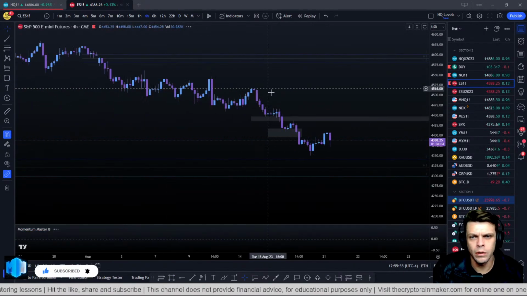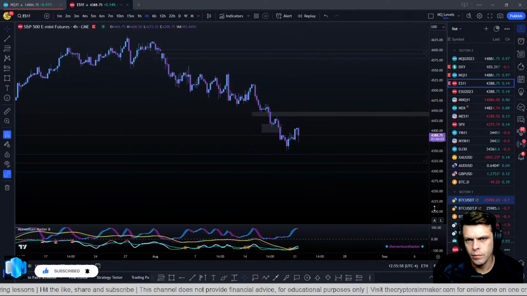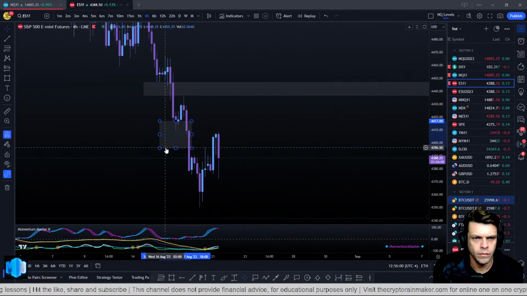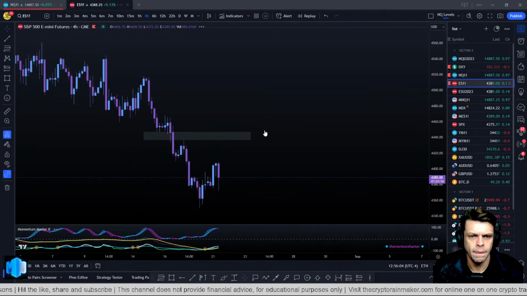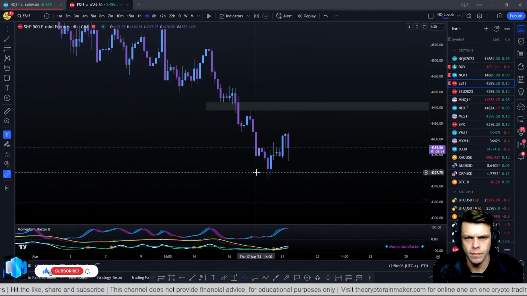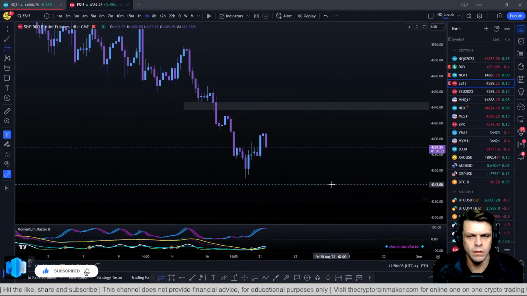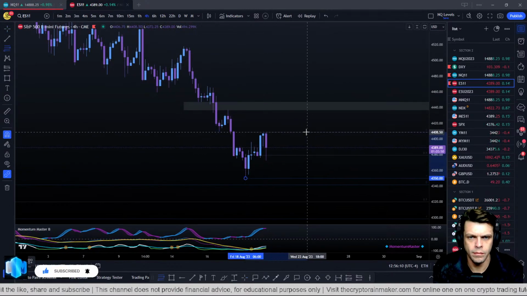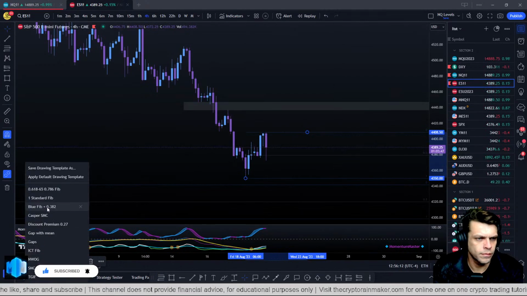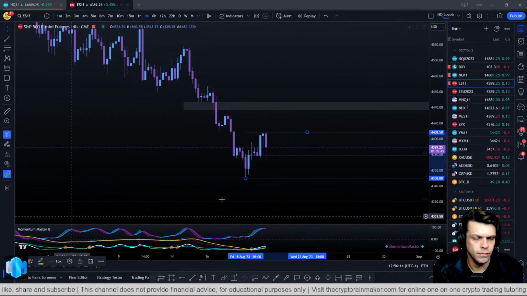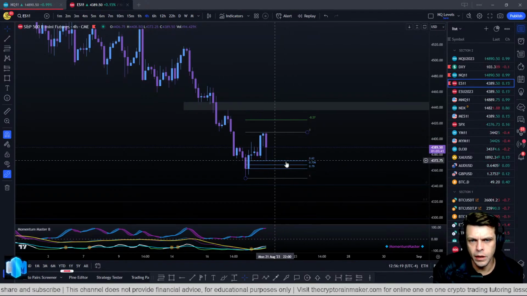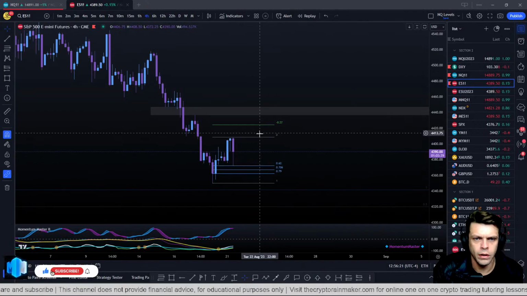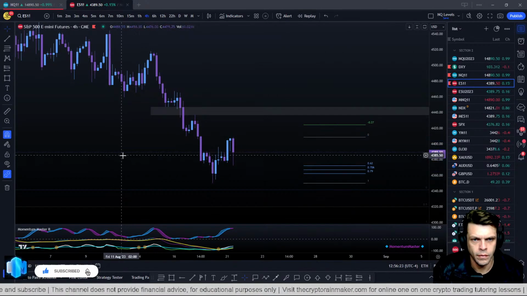We'll look at the 4-hour. Just want to see which level it came. Almost exact bounce on the Fibonacci 618, so that is a bit of a bullish sign.